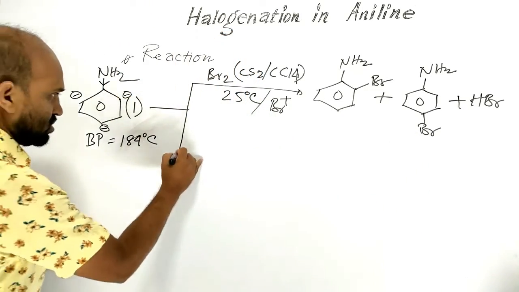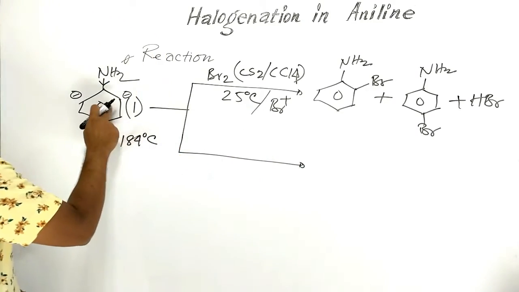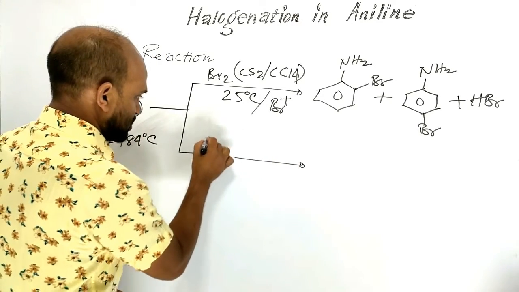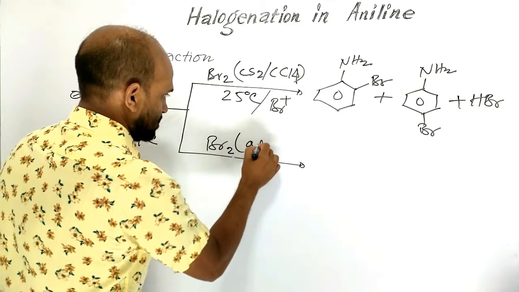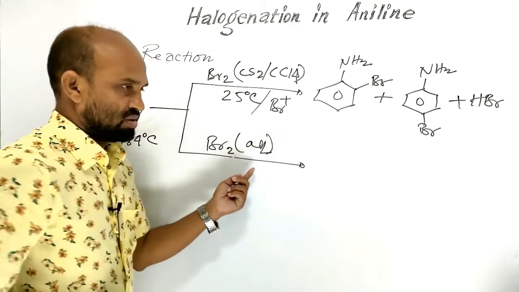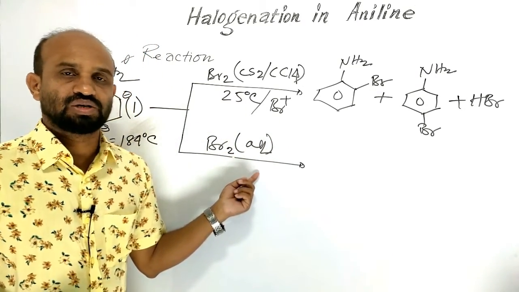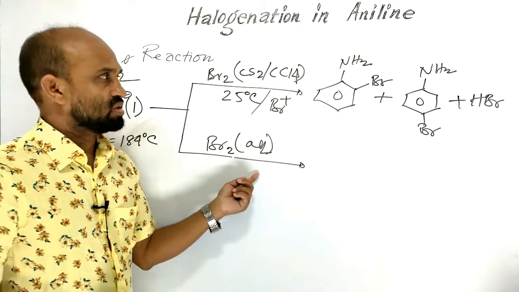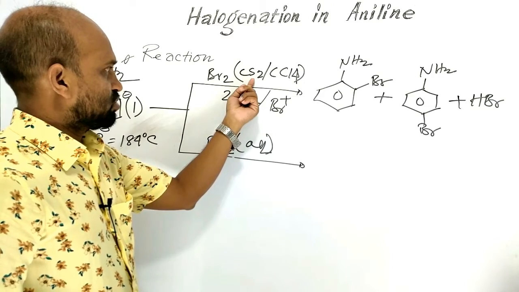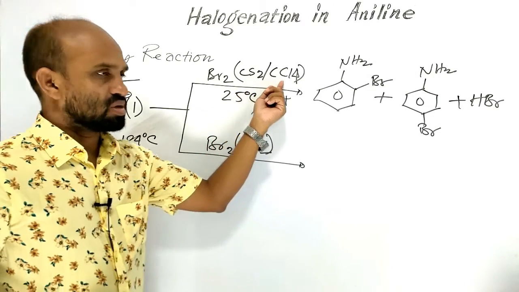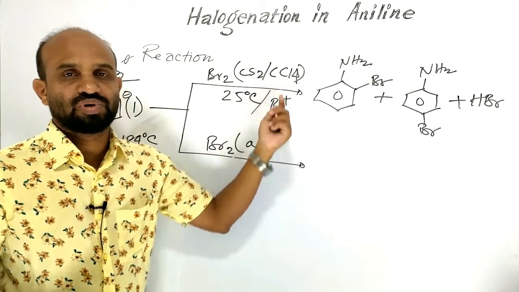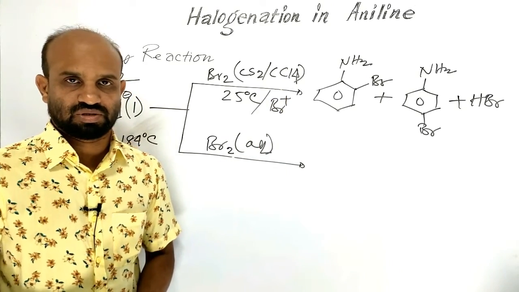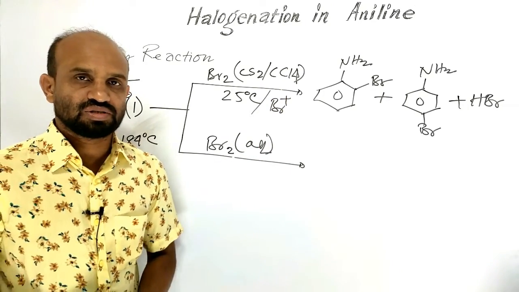Again, when aniline is treated with bromine solution, here the solvent is water, which is a polar solvent, but in the other case it is carbon disulfide or carbon tetrachloride. These solvents are non-polar solvents. So this is the difference.